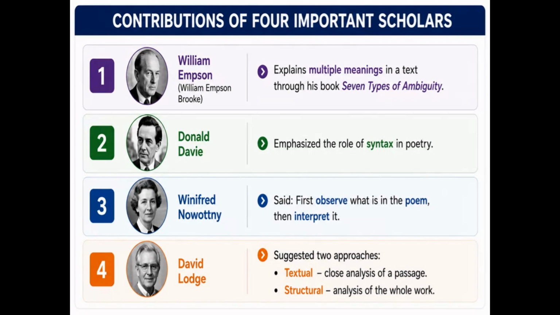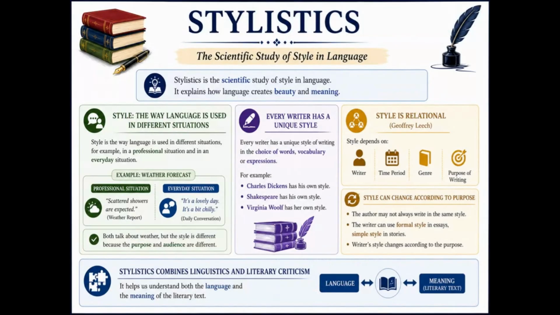Winifred Nowottny believed that we should first study what is actually present in the poem, then interpret it. David Lodge gave two approaches: the textual approach, that is, analyzing one passage deeply, and the structural approach, that is, studying patterns across the whole novel.